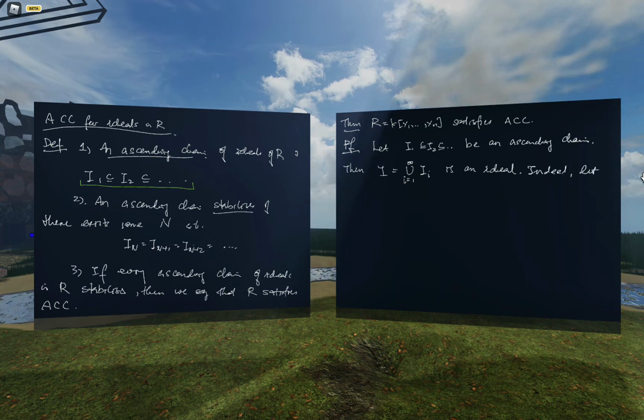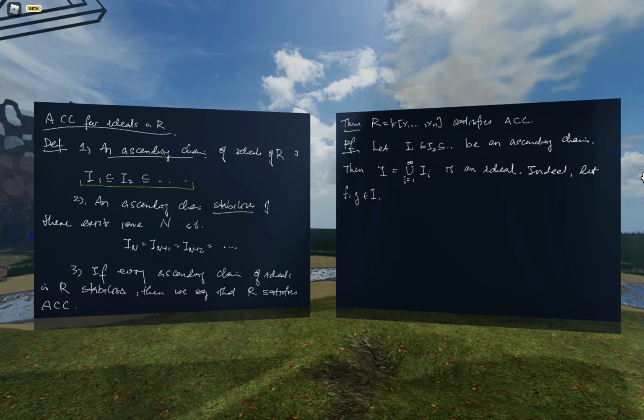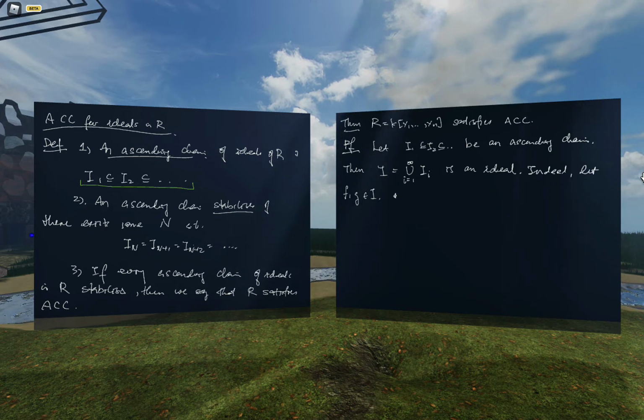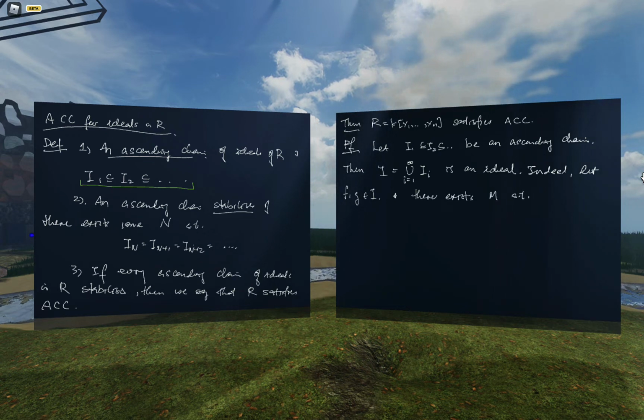So to check that it's an ideal, let f and g be in I. Then there exists some m such that f and g are in I_m. You just go out far enough to capture these guys.